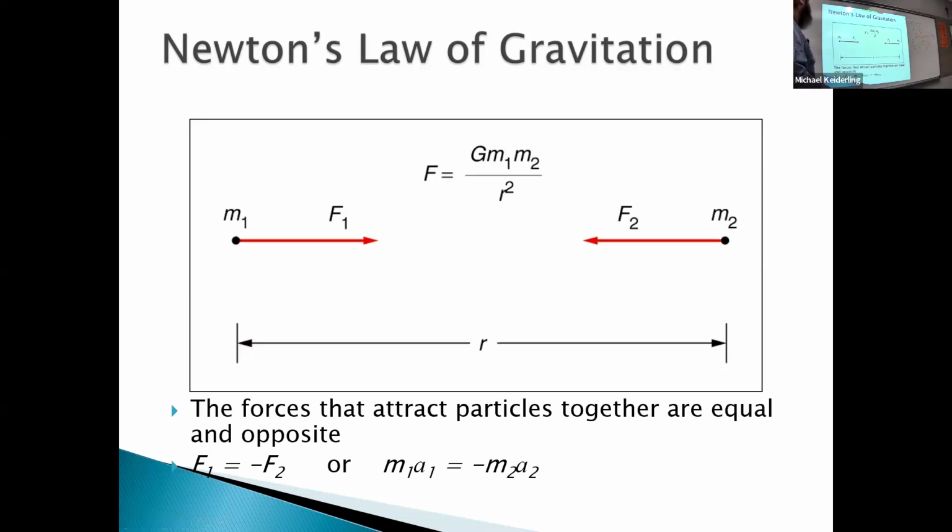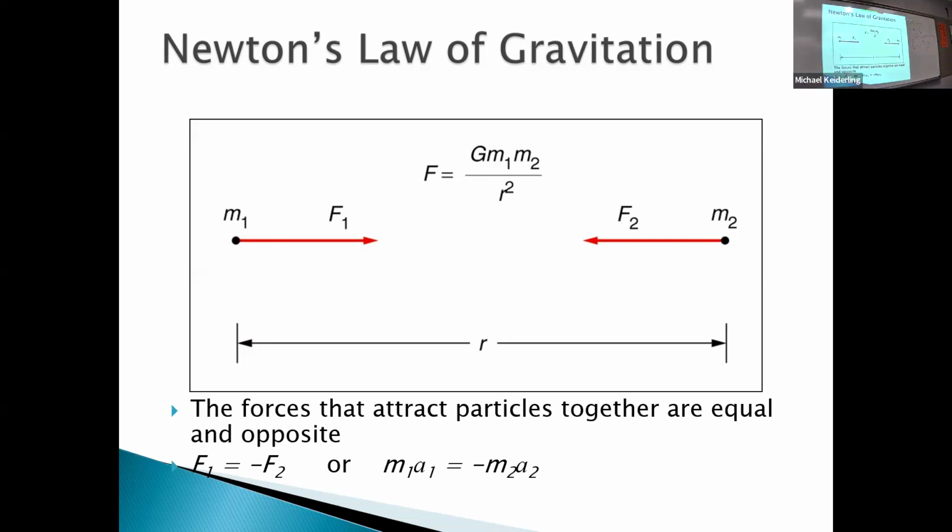Now, like all forces, the force of gravity comes in pairs. The two particles are attracted to each other. And the reason that gravity ends up dominating on large scales is because gravity always attracts. All the other forces have both attraction and repulsion. And so as things pile up, they cancel out. So you have lots of charges in you, but about an equal number of positive and negative.